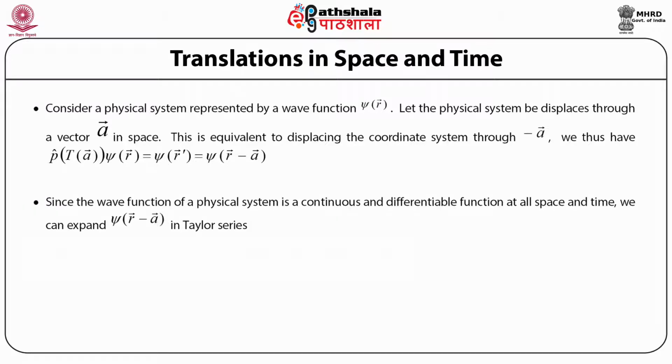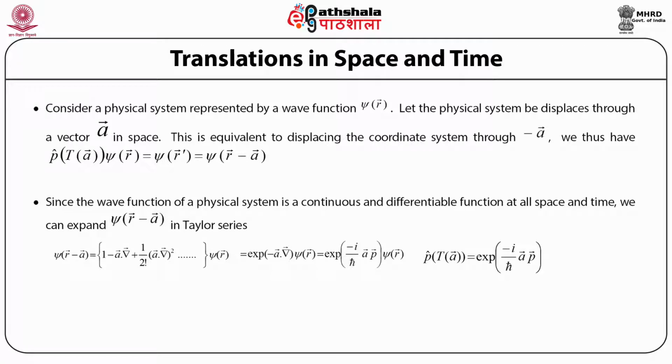Since the wave function of a physical system is a continuous and differentiable function in all space and time, we can expand the wave function psi at r minus a in a Taylor series: psi of r minus a is equal to 1 minus a dot del plus 1 by 2 factorial a dot del whole squared, and so forth, acting on psi of r. Now 1 minus a dot del plus a dot del squared by 2 factorial, etc. can be written as exponential of minus a dot del.